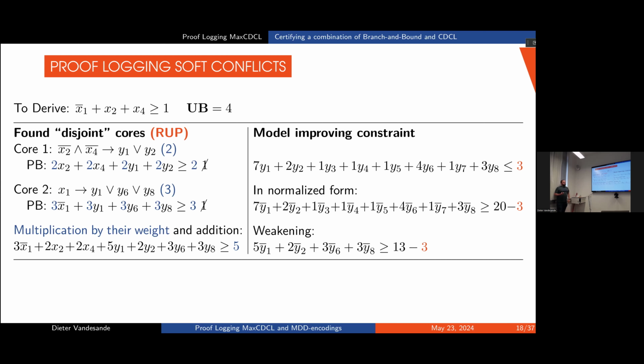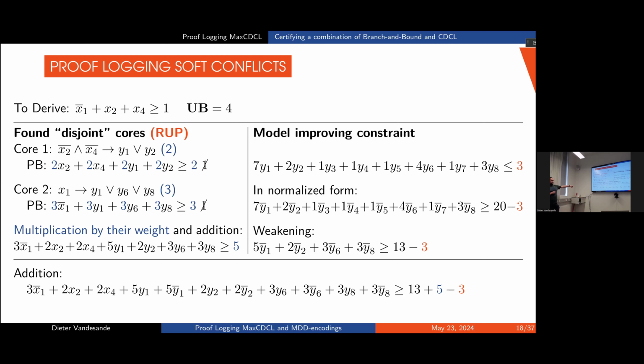What I now can do is weaken, so I can remove some of these literals by using literal axioms to get exactly this constraint. Why is that handy? We can add them up.